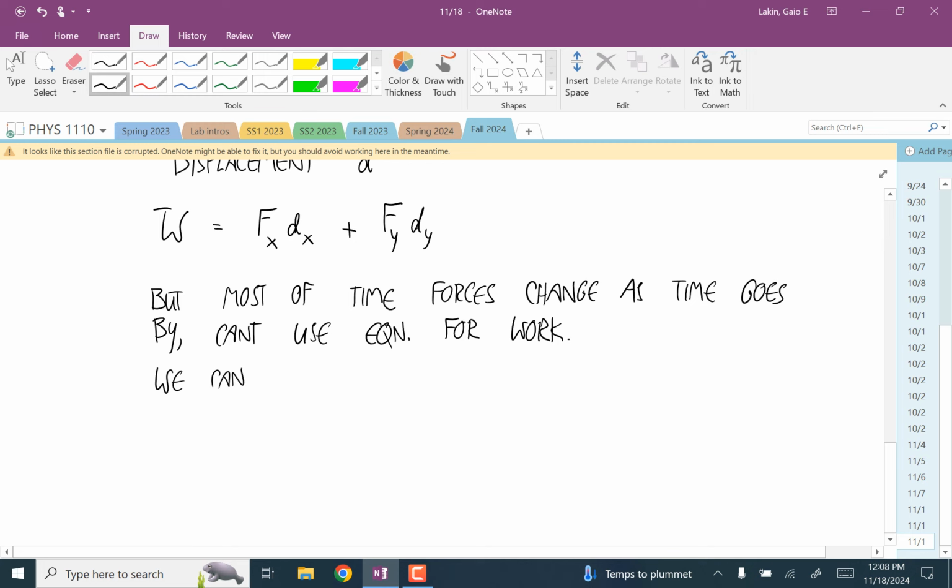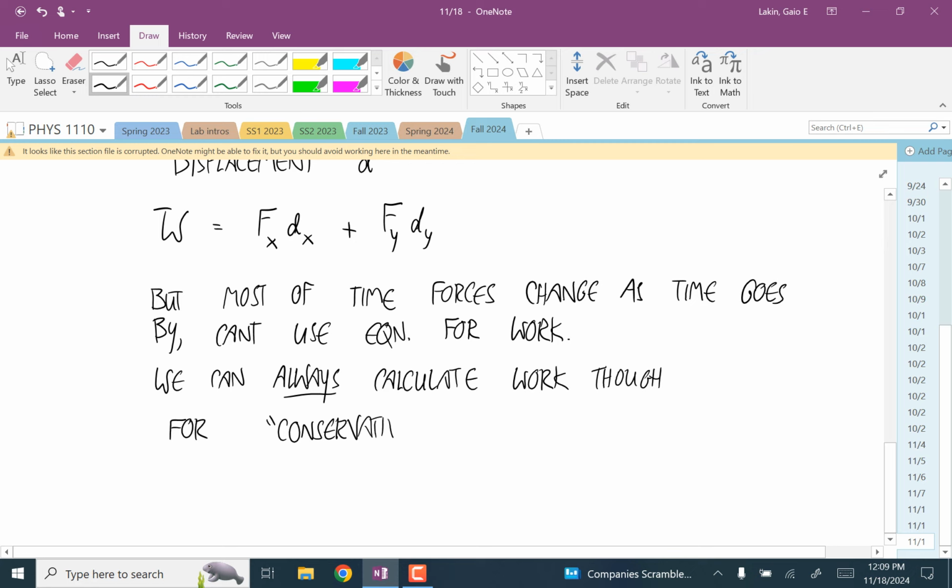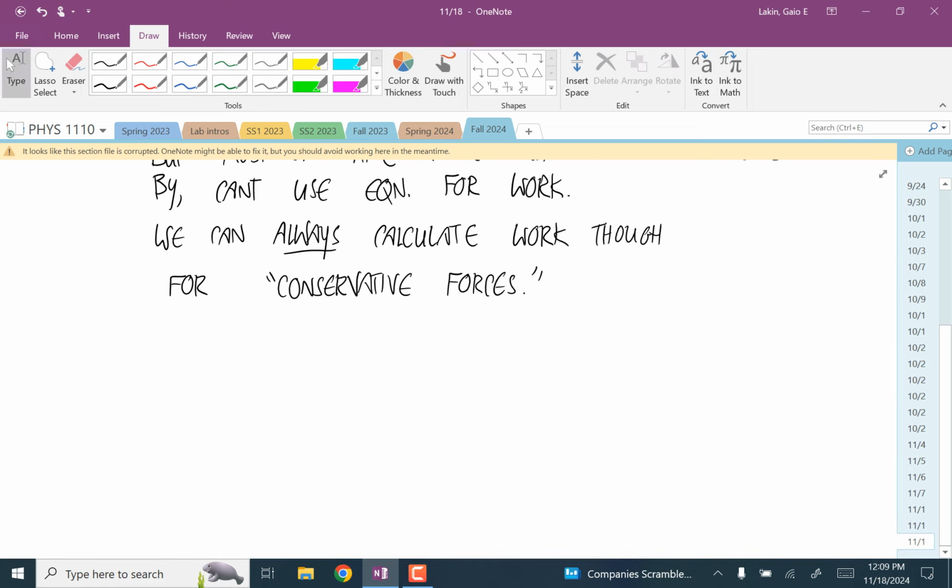We can always calculate the work, though, for what are called conservative forces. Okay, so now we have to define conservative forces.